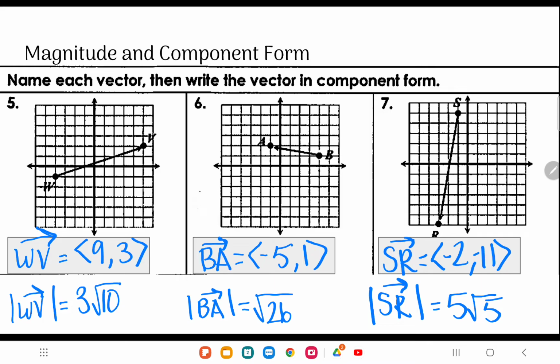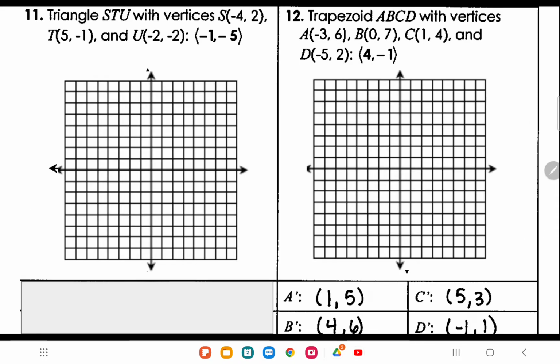So our vectors have magnitude and direction, and as such, we can utilize them to translate figures. Let's see what this looks like. So we have triangle STU with vertices at (-4, 2), (5, -1), and (-2, 2).